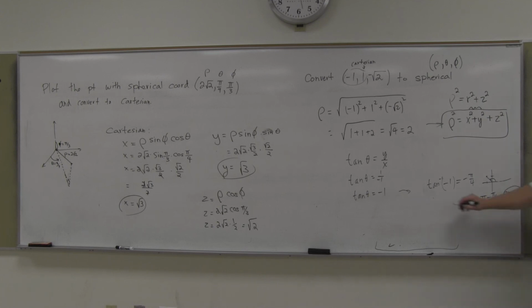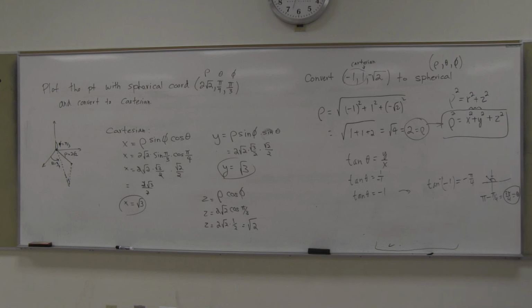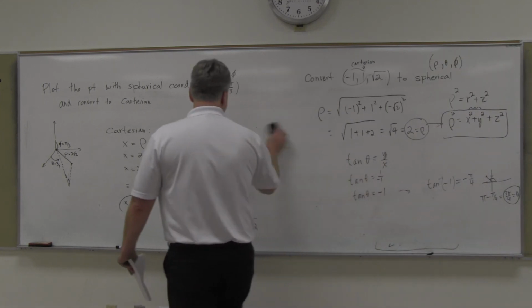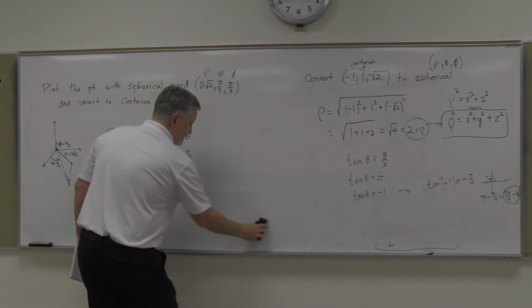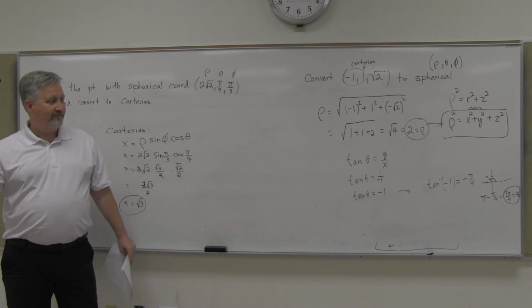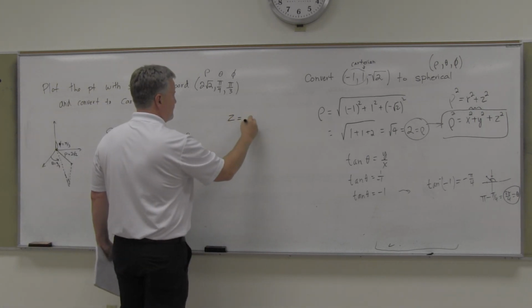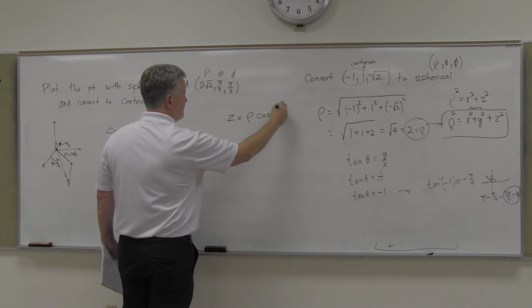All right, then, so I've got rho, and I've got theta. What does that leave? Phi? Well, since I have rho, and I need phi, let's look at z. What is z? Z is rho cosine phi.